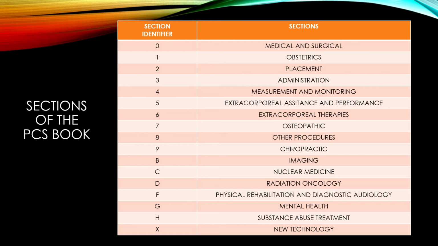The letter C represents nuclear medicine. The letter D represents radiation oncology. The letter F represents physical rehabilitation and diagnostic audiology. The letter G represents mental health. H is substance abuse treatment. And X is used to represent any new technology.